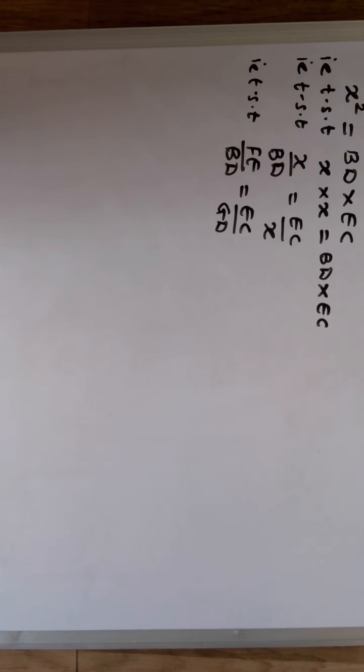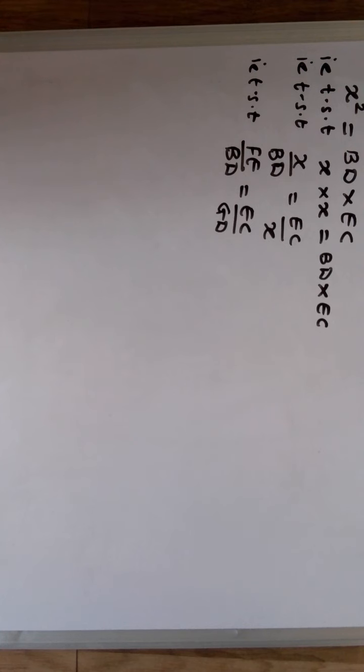Now these two triangles directly cannot be similar, but as I told you while teaching properties of similar triangles, if triangle number 1 is similar to triangle number 2 and triangle number 2 is similar to triangle number 3, then obviously all 3 triangles are similar.